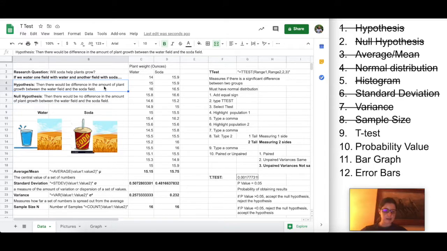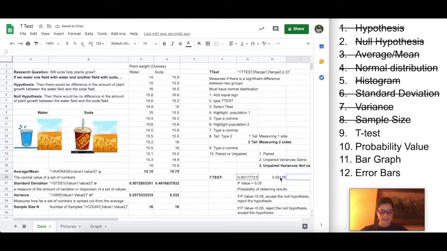It is statistically significant. So our p-value is 0.00178.